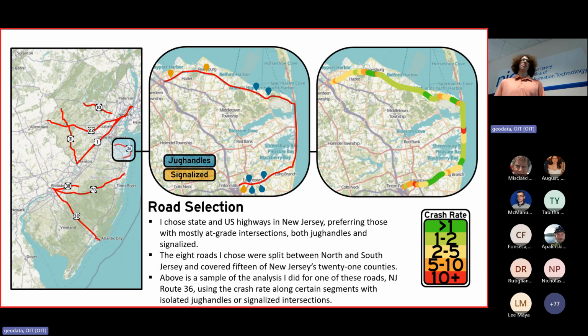So not every single intersection could be included because some of these segments are very long and contain multiple types of intersections, but a good amount were. And so I selected 8 highways that are across both North and South Jersey to look at the difference across the state. And so I covered most counties in New Jersey through this process.